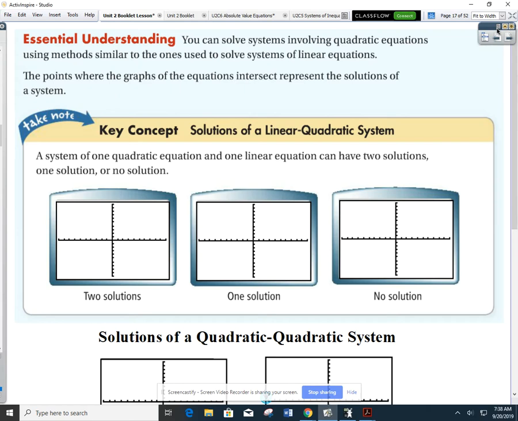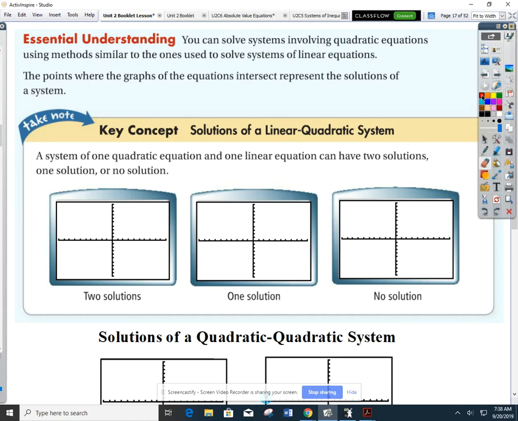So you can solve systems involving quadratic equations using methods similar to the ones used to solve systems of linear equations. The points where the graphs of the equations intersect represent the solutions. So that's pretty important. You're always looking for the point where they intersect.